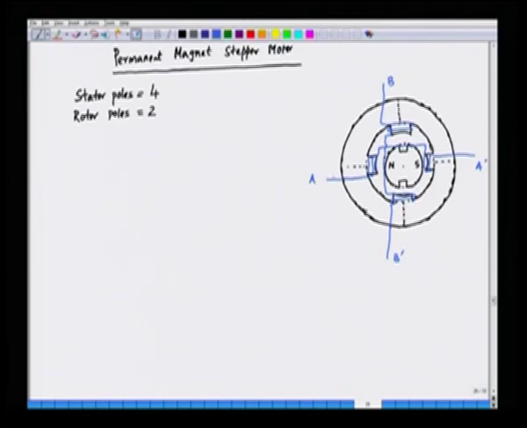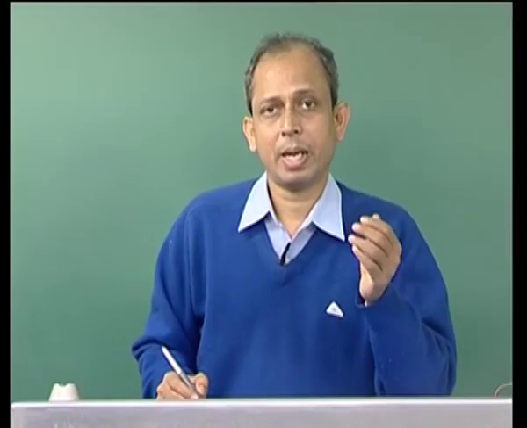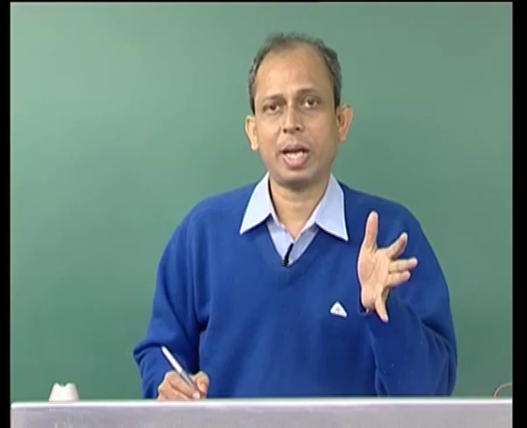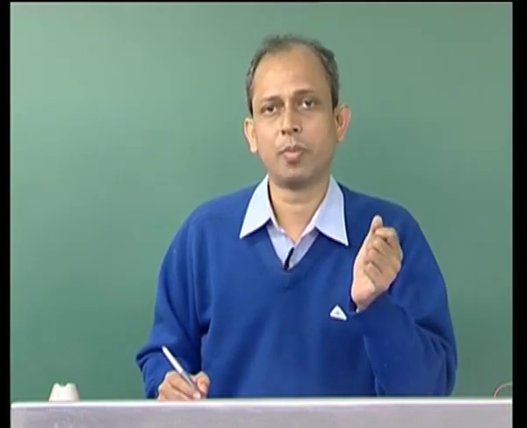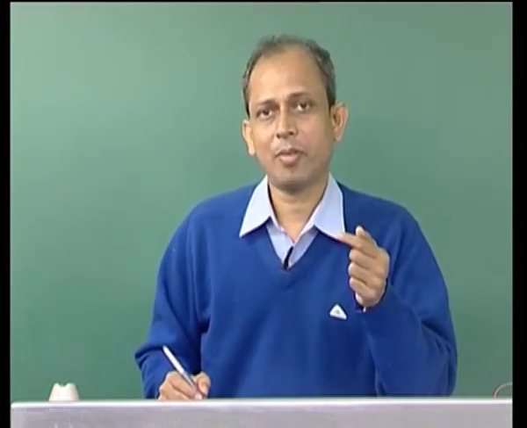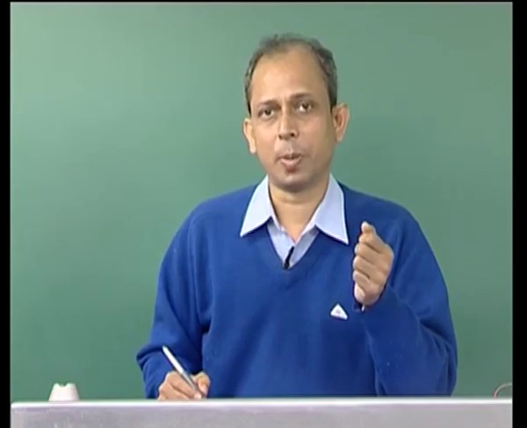The direction of the current here is I A, and here the direction of current is I B. Now, when we excite a particular phase, let us say A and A prime, we have one phase which will have two different poles. Under that phase we will create a south pole.